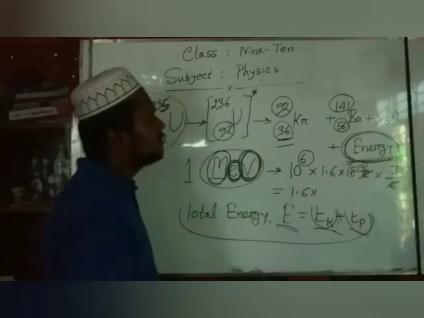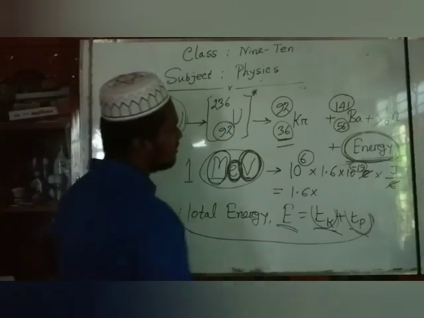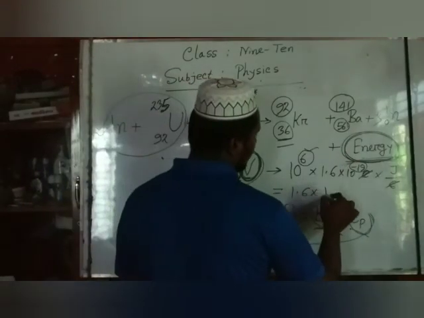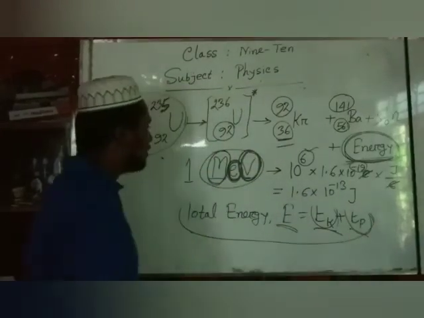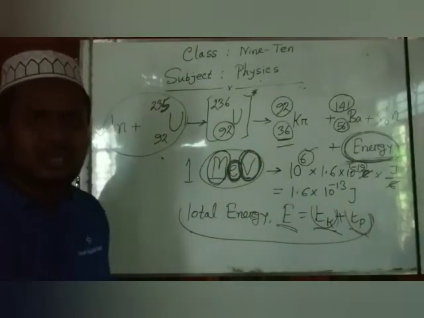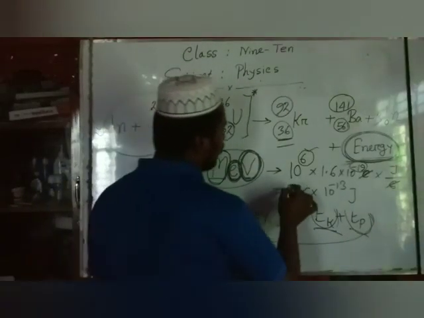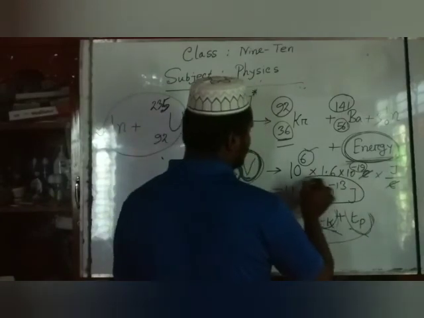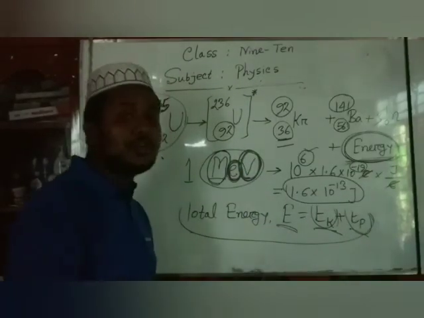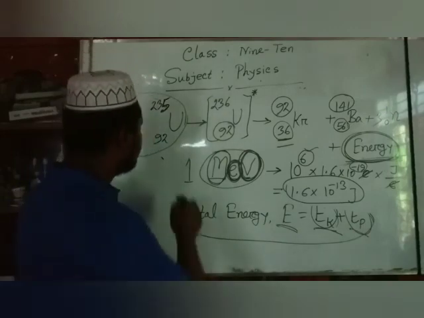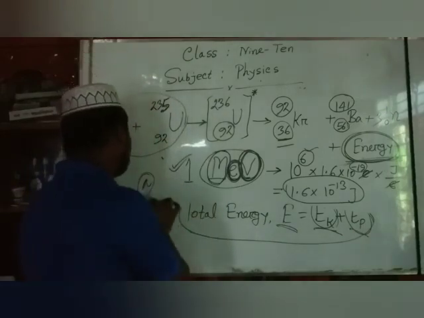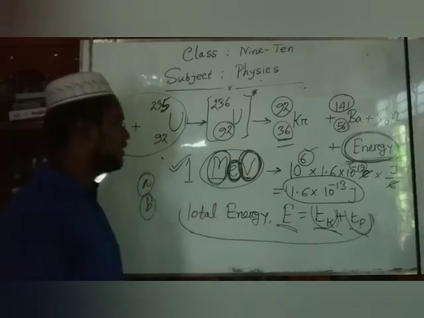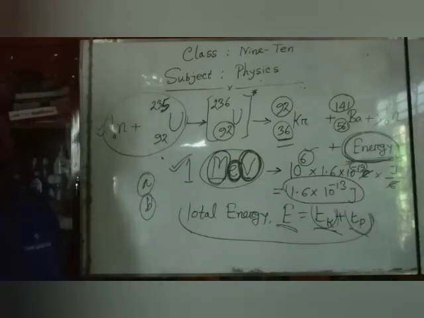If we vanish the 6, we get 10 to the power minus 13 joule. That means 1 MeV is equal to 1.6 into 10 to the power minus 13 joule. It is very important for you. This term is very important for A type and B type.